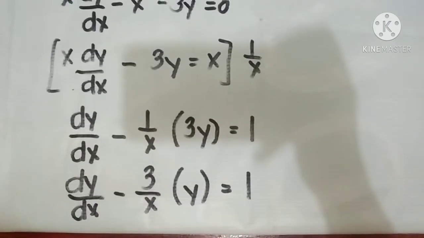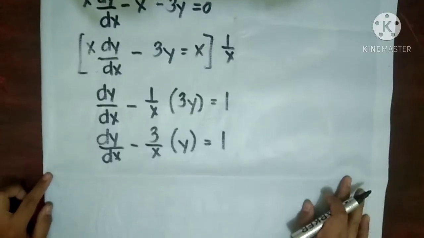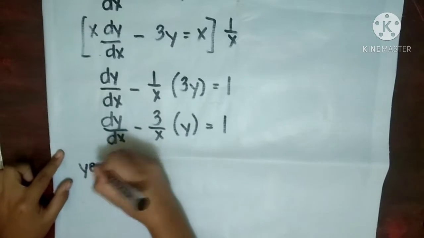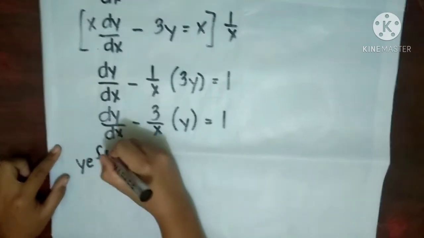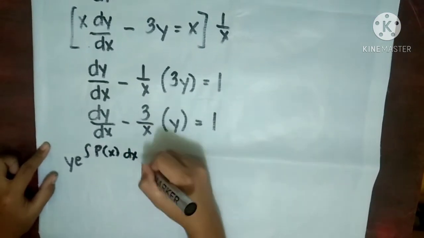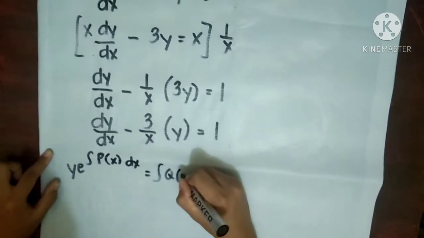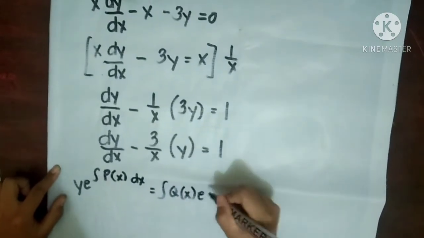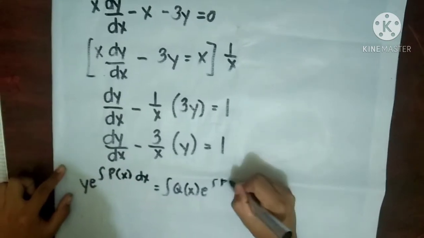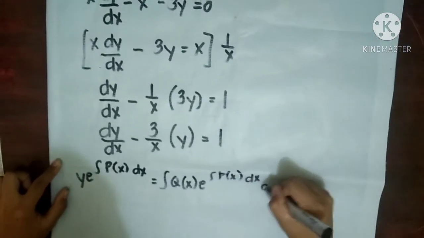We will now use the formula for linear in y: y times e raised to the power of the integral of p of x dx equals the integral of q of x times e raised to the power of the integral of p of x dx.